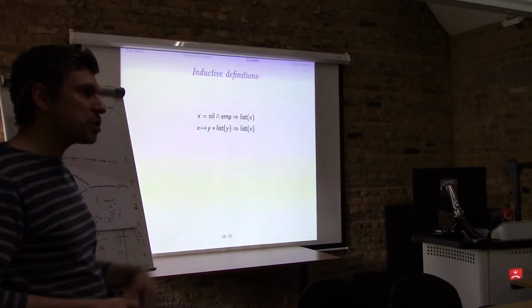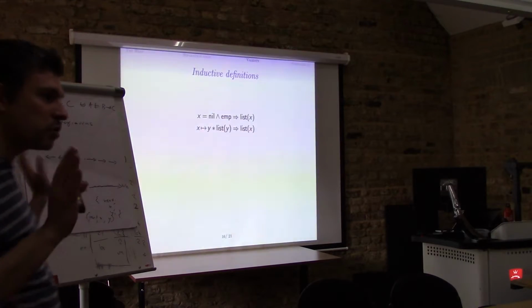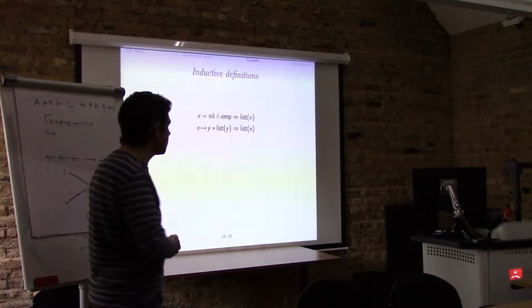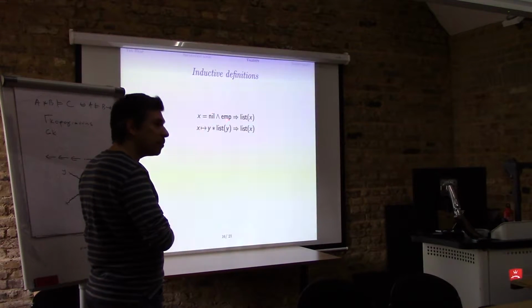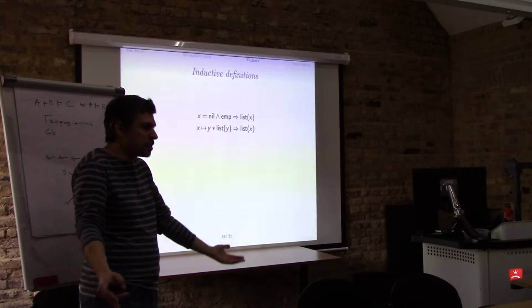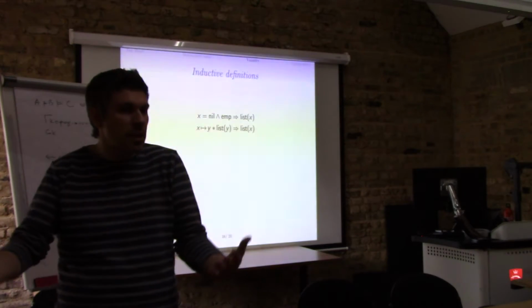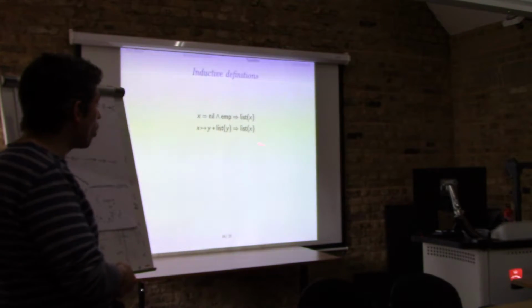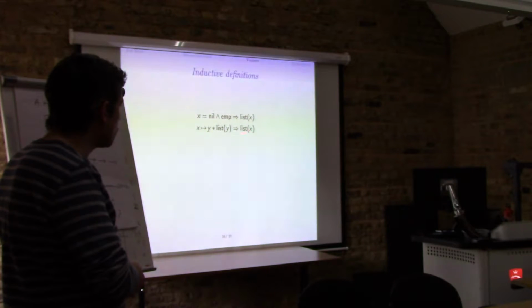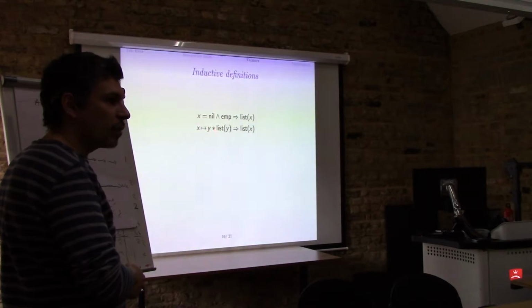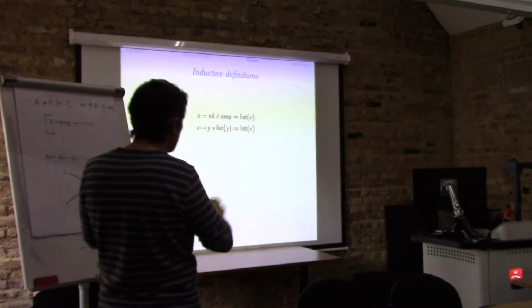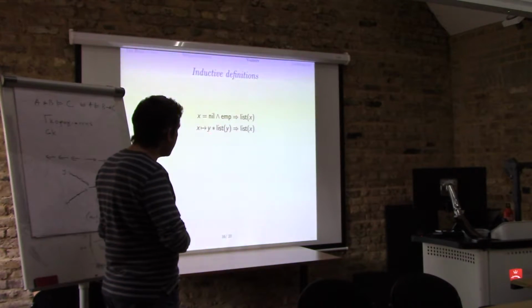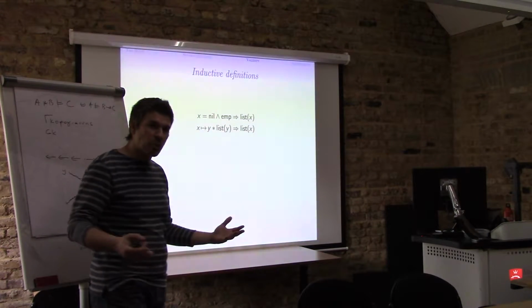Nil is a special constant that is never allocated, so it's exactly the same thing as null. So either x is nil and the heap is empty, meaning I have an empty list, a nil-terminated list, or second choice, x is allocated and points to the value y. So the contents of the address x is y, where y here is existentially quantified.